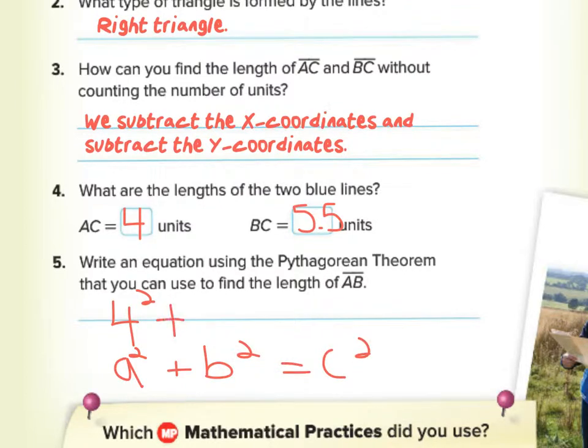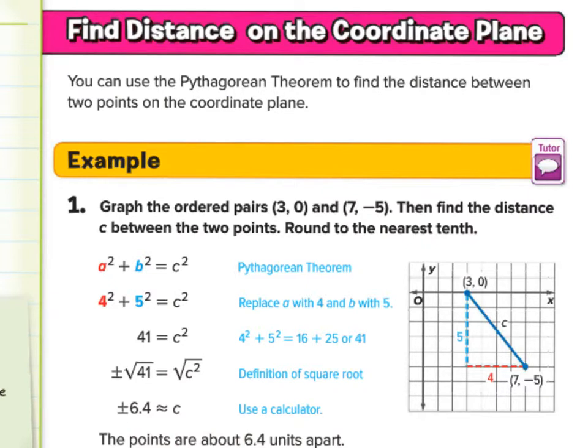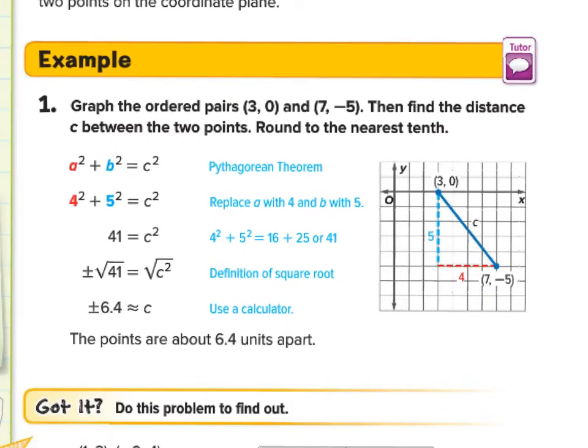And we can replace those variables with 4 squared plus 5.5 squared equals our C squared, which is our red line, our hypotenuse, okay? You can use Pythagorean theorem to find the distance between 2 points on the coordinate plane. Anytime, as long as you can make a right angle triangle, you can find it.